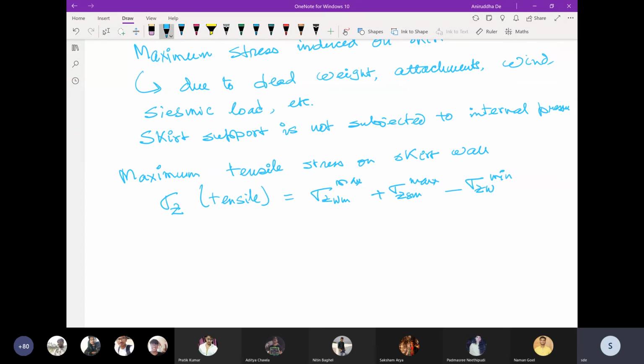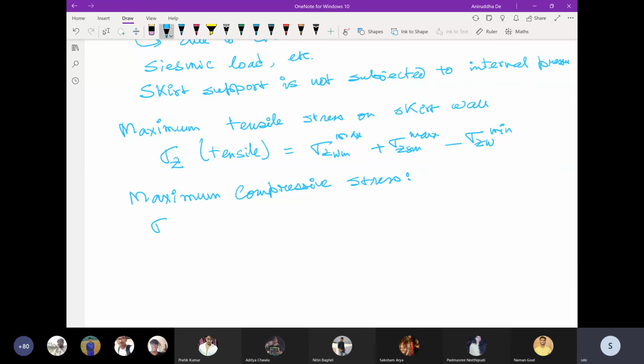Similarly, the maximum compressive stress is sigma ZWM maximum plus sigma ZSM maximum plus sigma ZW maximum.